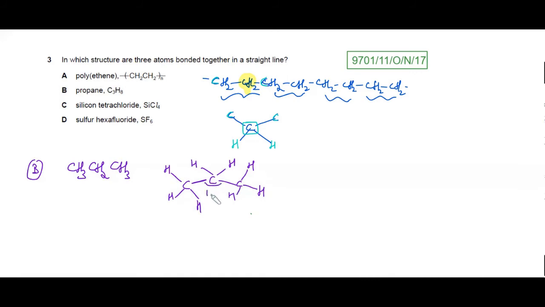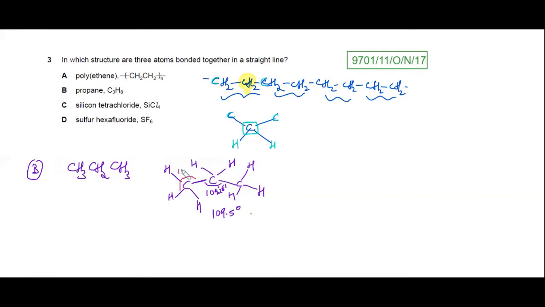This is 109 degrees 28 minutes, or you can say that it is 109.5 degrees, meaning this is not having 3 atoms connected in a straight line. Here also, even if I'm taking a bond elsewhere in this molecule, let me suppose that I am considering a bond here.